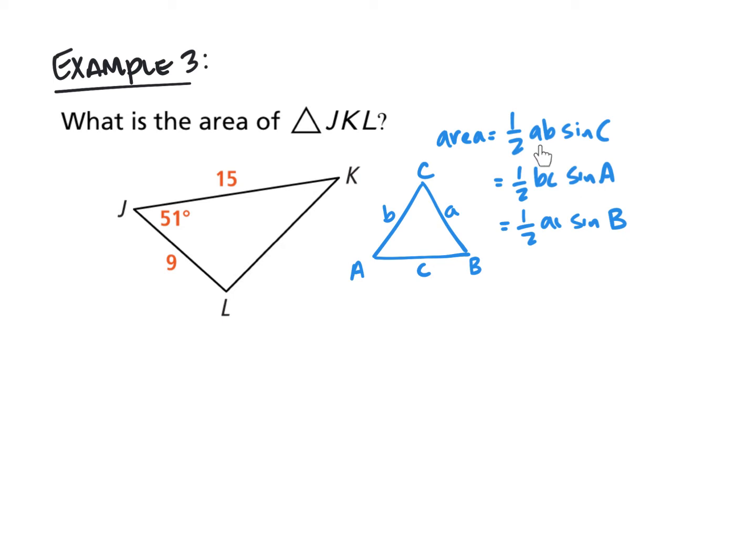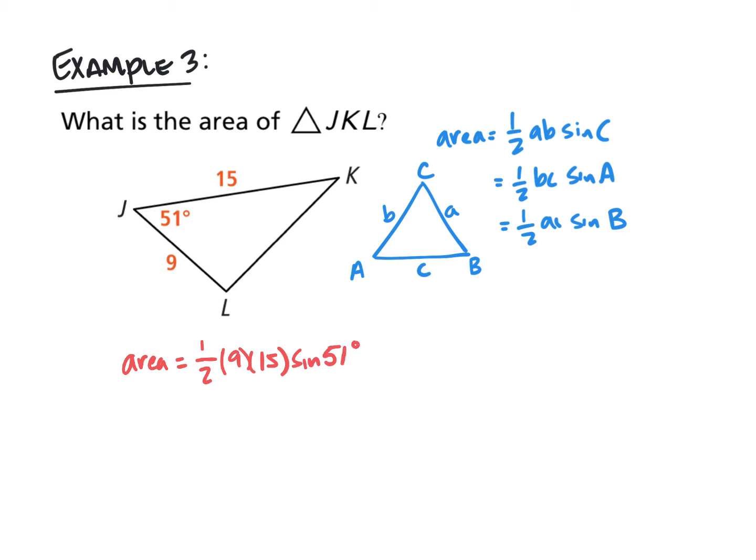Each one of these is taking 1/2 times two sides multiplied times the sine of the angle that's in between them. So for our problem over here with triangle JKL, we can say that the area is going to equal 1/2 times 9 times 15, the two sides multiplied together, times the sine of that 51-degree angle.